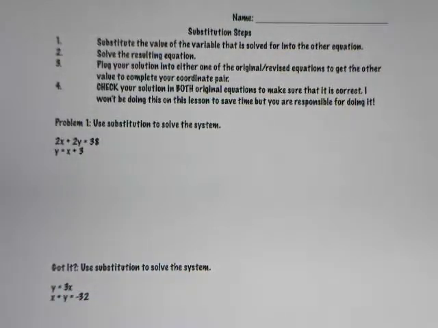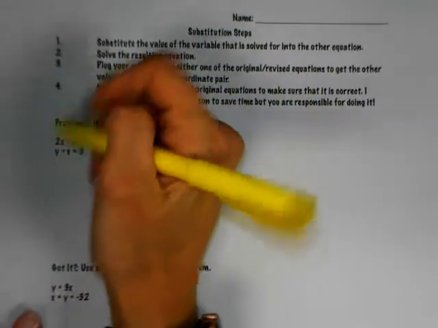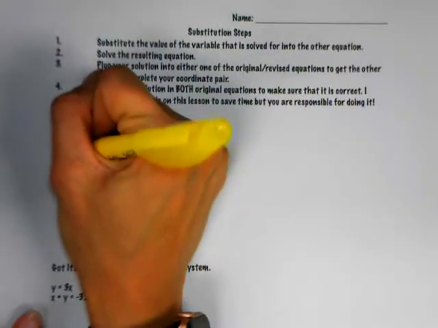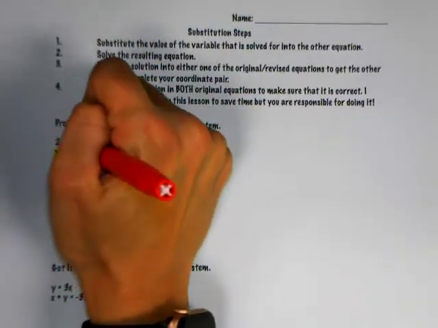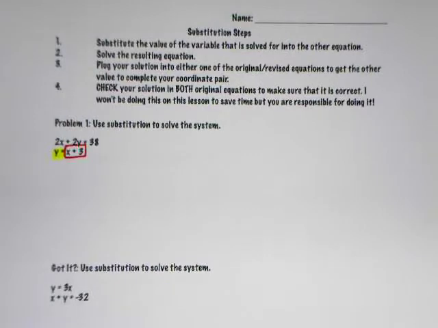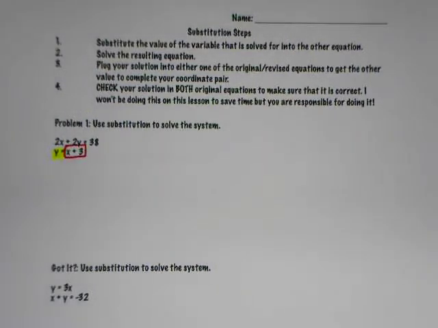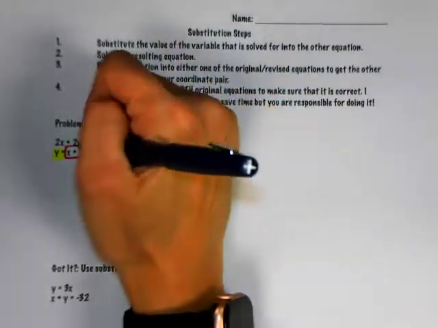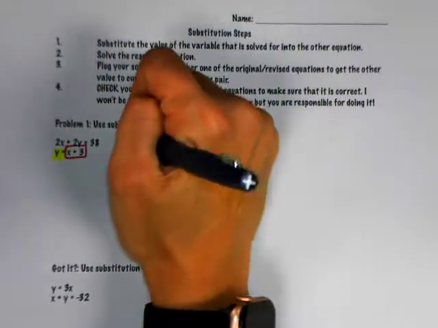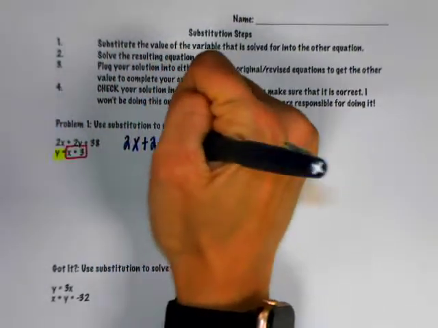So we have a y equals right here, and what y equals is x plus 3. Okay, so just pretend like that says y equals 1, and you're just putting a 1 in. We're just putting something bigger than that. So take your other equation, 2x plus 2y, and we're replacing the y with what y equals. 2x plus 2.